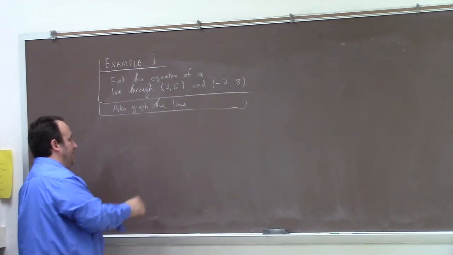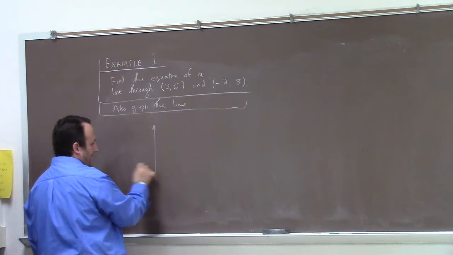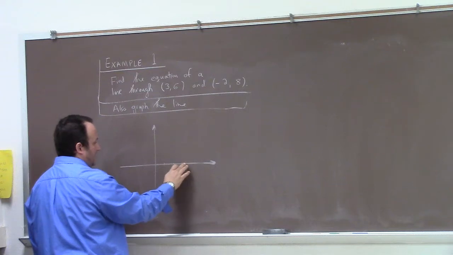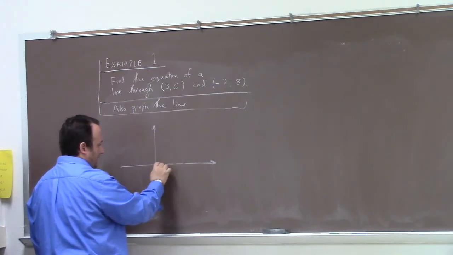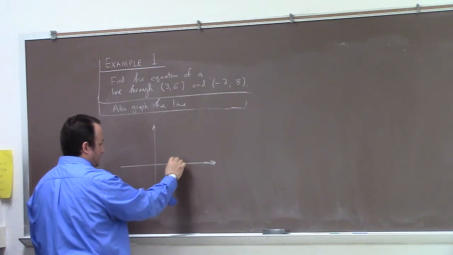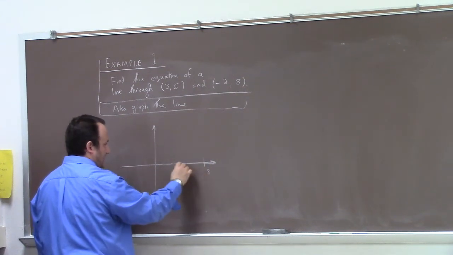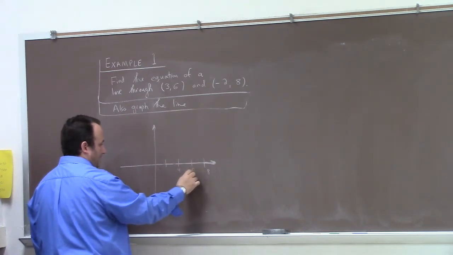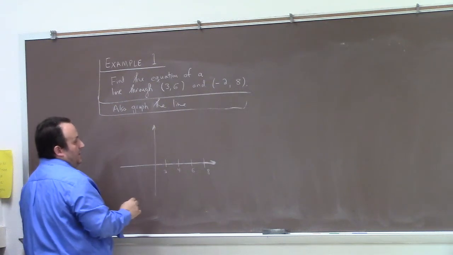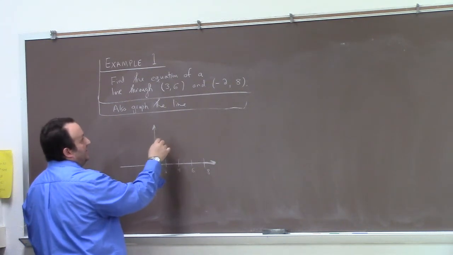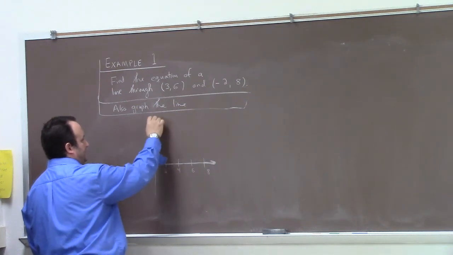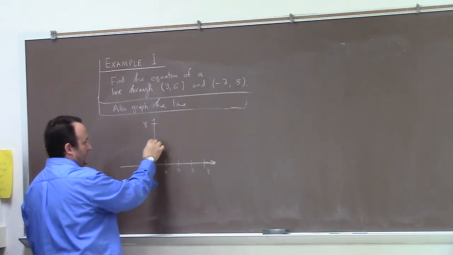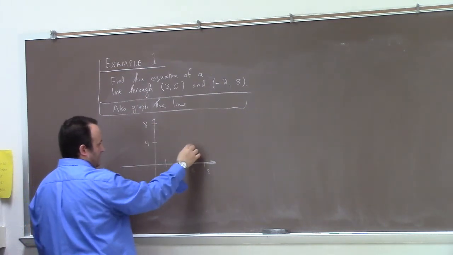So I'll start with the graphing part, actually. I said (3, 6). For choice of scale, let's see here. Say that that's 8. This would make that 4, so 6 is in here. So 8 would be up here.